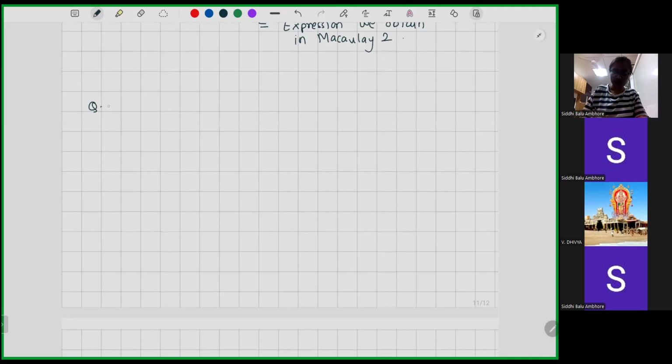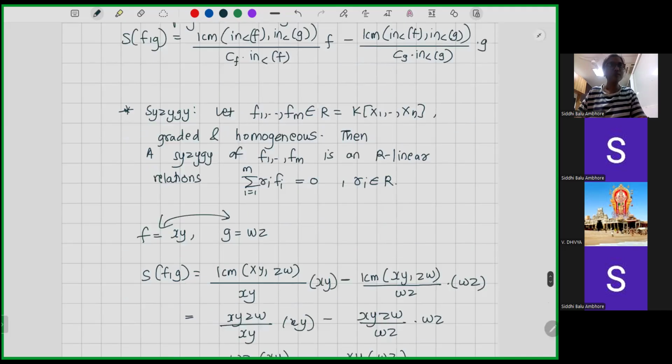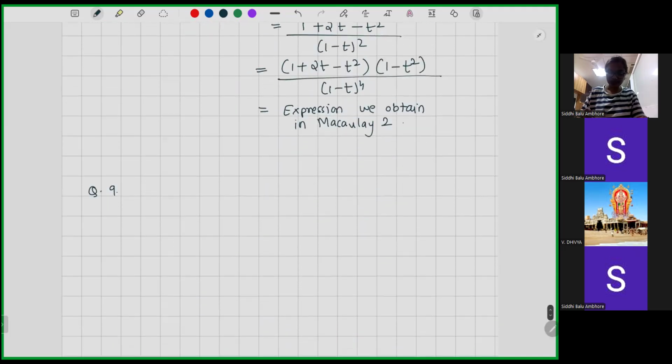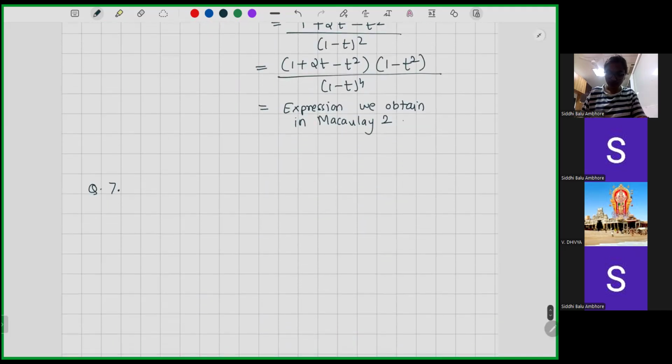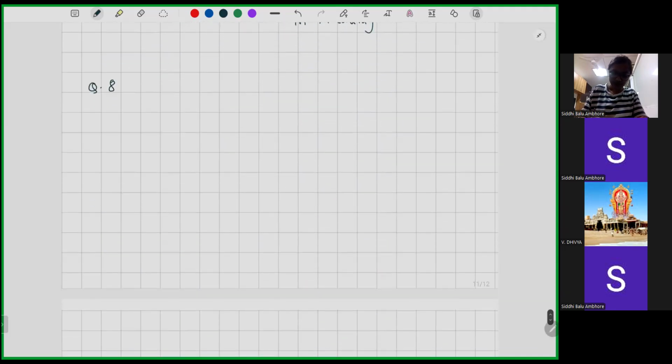Question 9. I think it is question, I don't remember the number. Question 7. Yeah, question 7. Or let me just write it question 8 now. Let R be equal to K[X, Y, Z] and I equal to (xy, y square, xz).